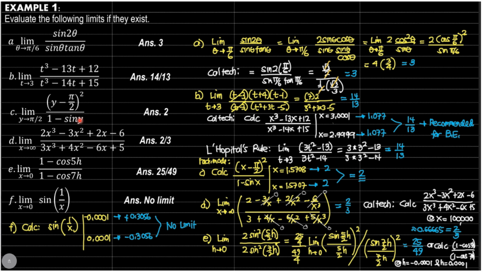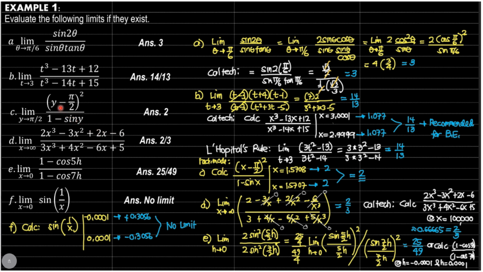So 1 minus 1 is 0, and the numerator is also approaching 0. So this is indeterminate. I suggest that you apply L'Hopital's rule, or for board exam purposes, set your calculator in the radian mode.